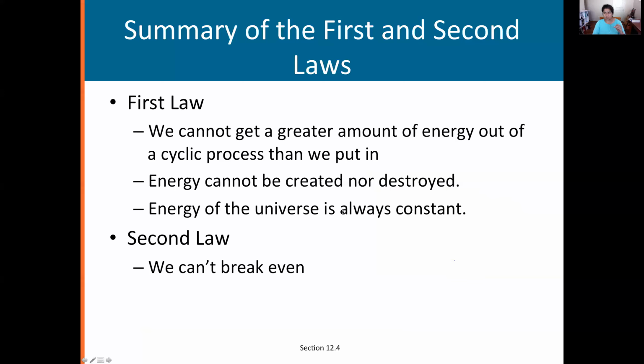Energy of the universe is always constant, since there's nothing which is outside the universe. So whatever energy we have, that's the energy we have. It can change form, but it can never be exchanged with anything outside because there is nothing outside by definition.